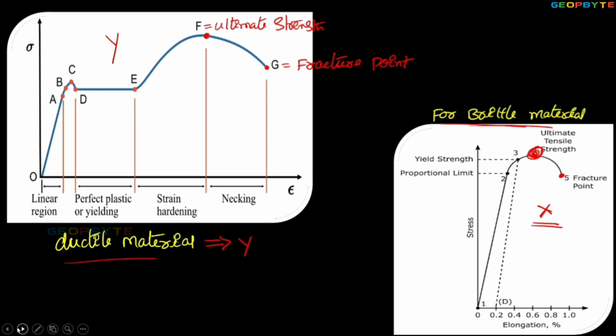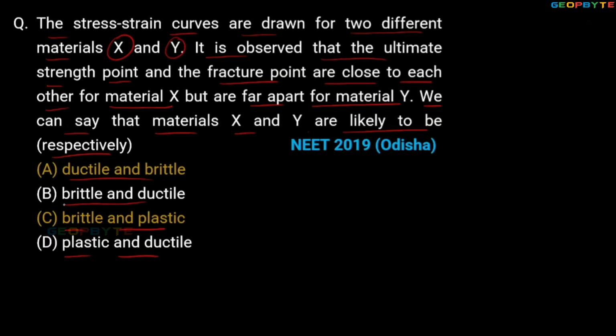For material X, the ultimate strength point and fracture point are close to each other, so the first material is brittle and the second material is ductile. Therefore, option B is absolutely correct.